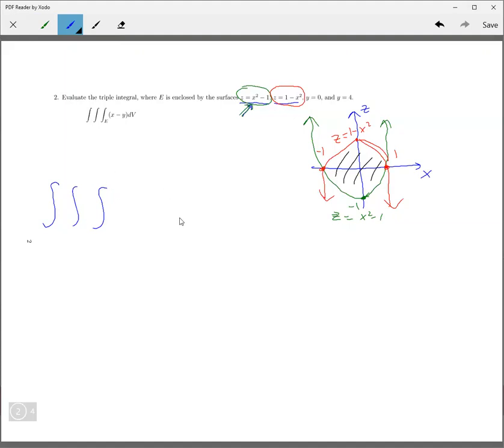Okay, so if we integrate, I'll give you a hint. So we got this x minus y there. We'll just put that there. That just comes from there. Let's go z first. And what do you think the limit should be on the z? -1 to 1. Is it x squared minus 1 to 1 minus x squared?